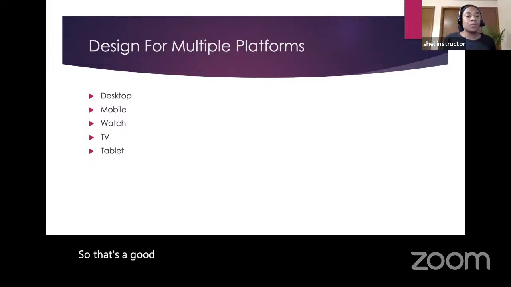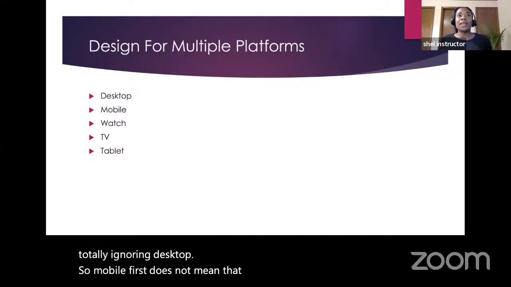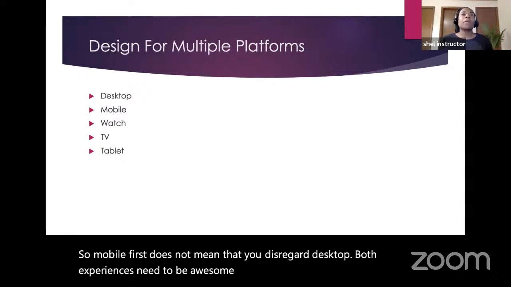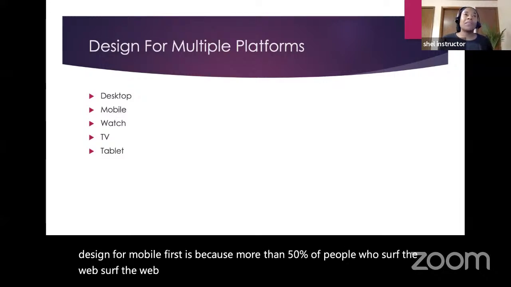And there's a difference between mobile first and totally ignoring desktop. So mobile first does not mean that you disregard desktop. Both experiences need to be awesome experiences. But the reason that we design for mobile first is because more than 50% of people who surf the web surf the web using mobile devices.